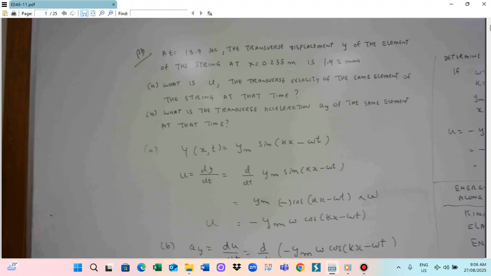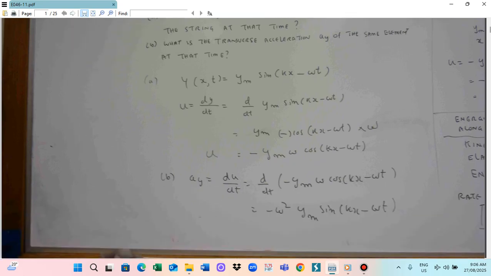Also the omega comes out. So this will become minus y maximum omega cos(kx minus omega t). So u can be calculated: u is equal to minus y maximum omega cos(kx minus omega t).